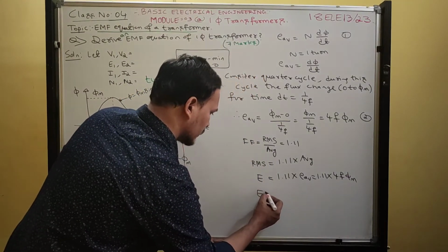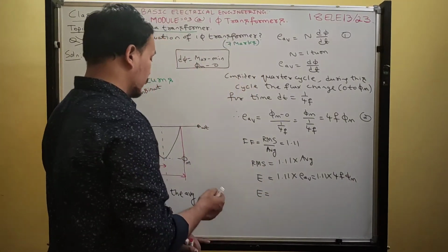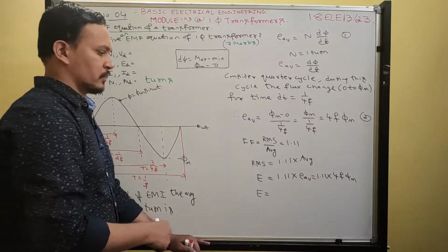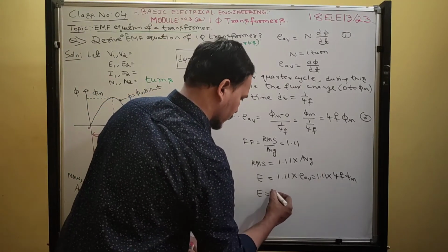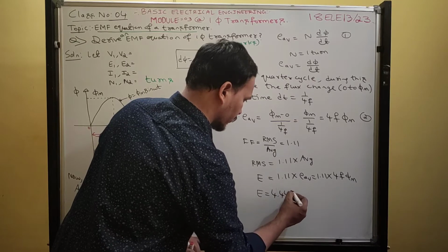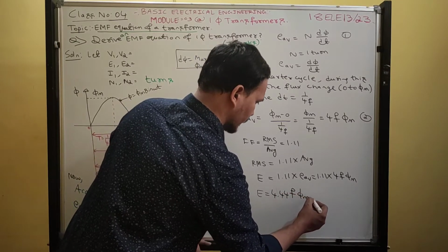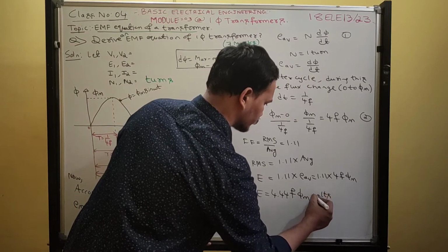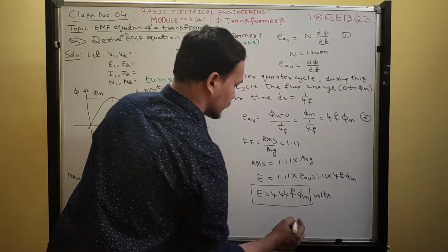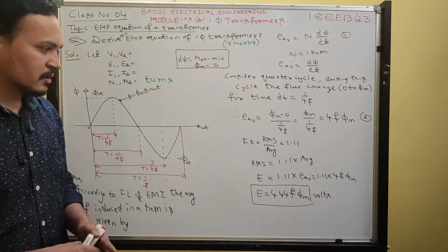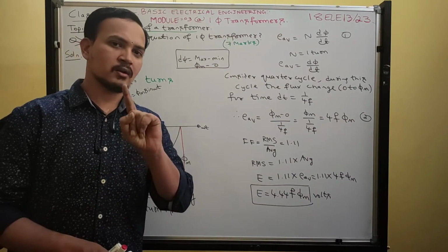Therefore, the EMF equation, the EMF induced in the transformer, is given by 4 into 1.11. How much do you get? 4.44 f pi m volts. This is the EMF induced in a transformer for 1 turn.